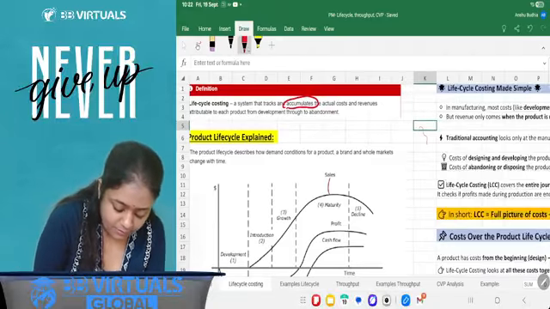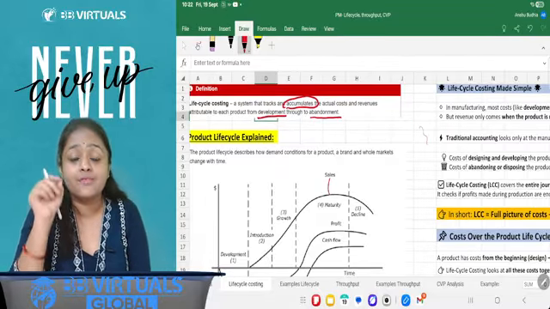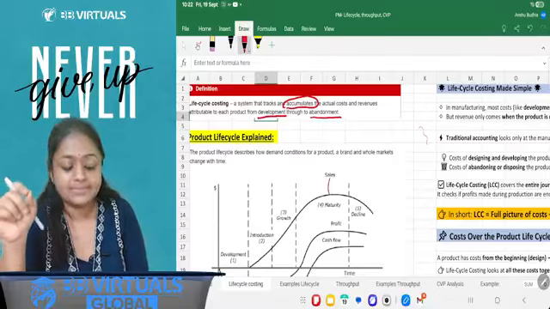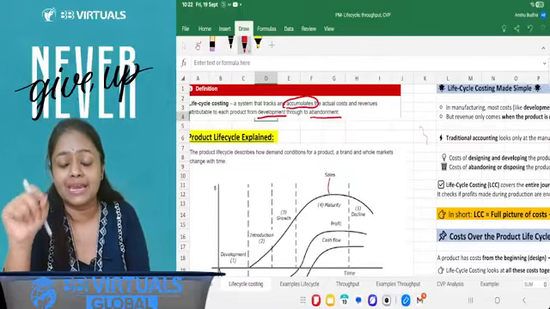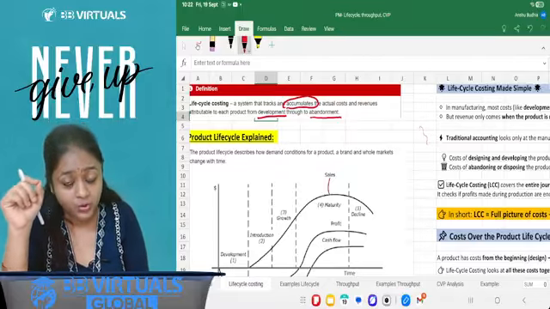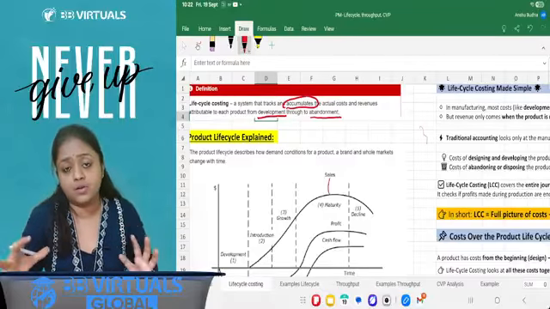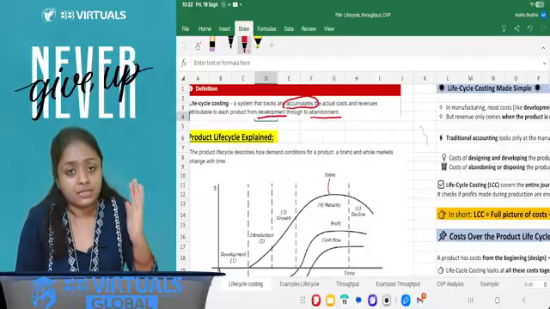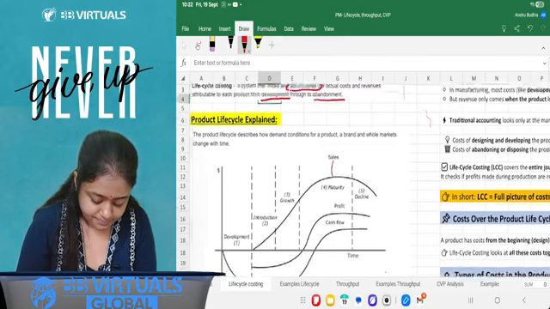So right from development till the abandonment. Very, very important. Please remember it. We would start from development and we will end at abandonment of the product only, and we will continue to accumulate all the costs that take place between the development till the abandonment.